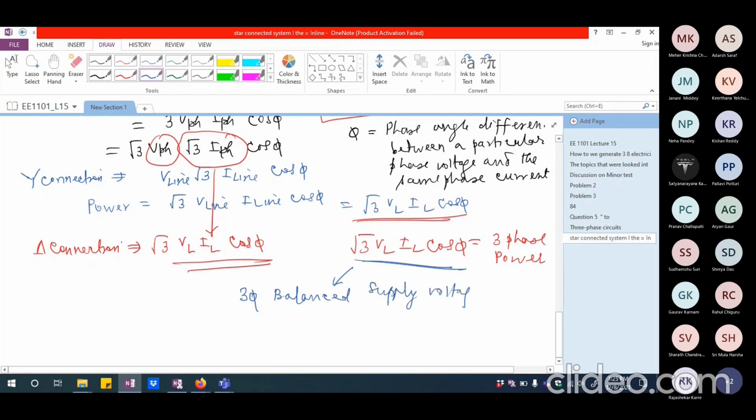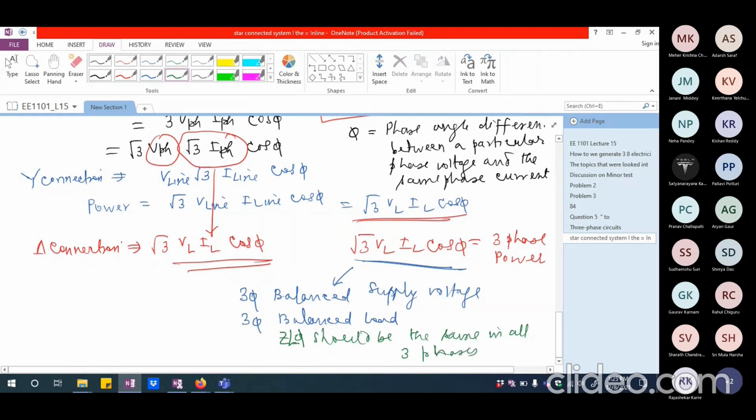What we mean by three-phase balanced supply voltage: the magnitudes of the voltage should be the same and phase angles should be shifted from each other by 120 degrees. And if I say three-phase balanced load, what we mean is Z should be the same, and the phase angle, Z angle phi, should be the same in all three phases.